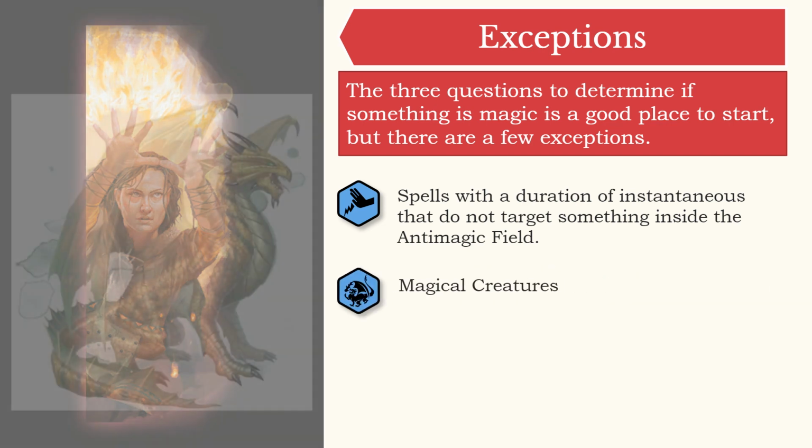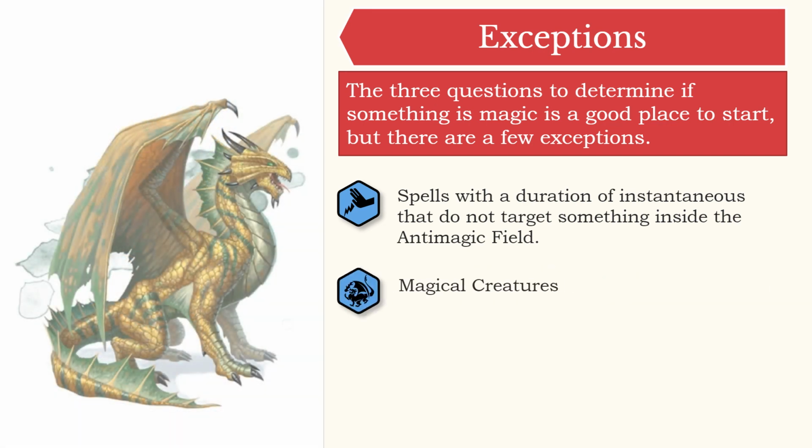We also should give some special attention to magical creatures. For example, dragons are described in the Monster Manual as being magical, which makes dragons magic per question number 3. But the only time magical creatures are affected by anti-magic fields is when there is magic being used to sustain their existence.